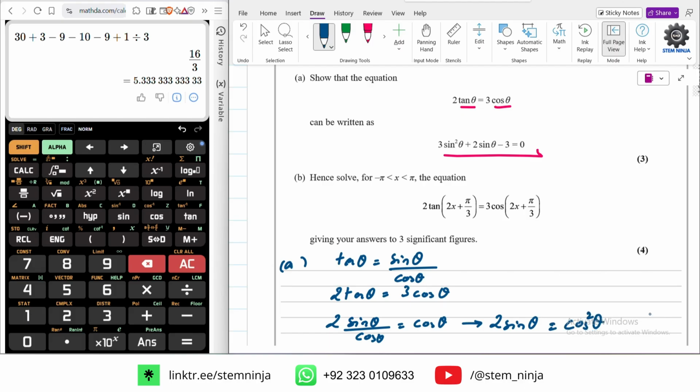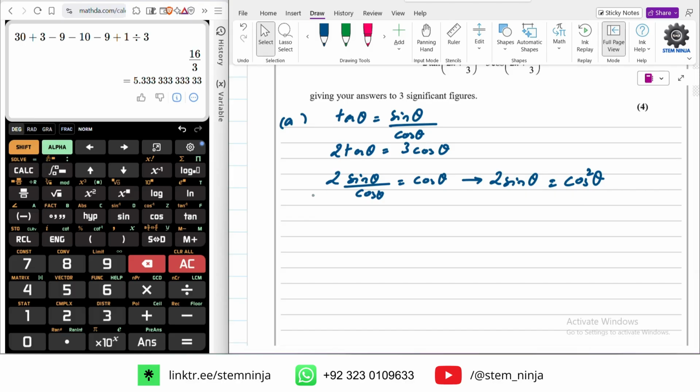Okay, now we can use the identity. So cos squared theta would be equal to 1 minus sine squared theta. So once you plug this in, you will get 2 sine theta is equal to 3 times 1 minus sine squared theta.